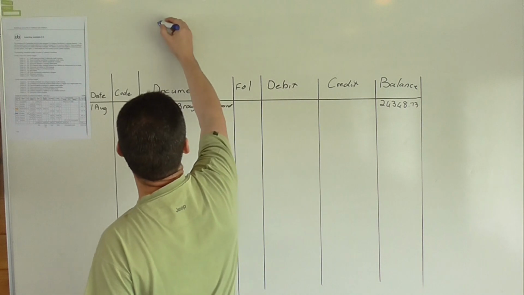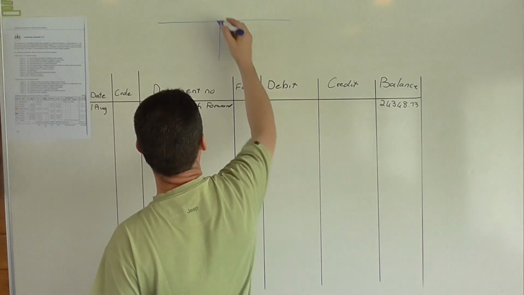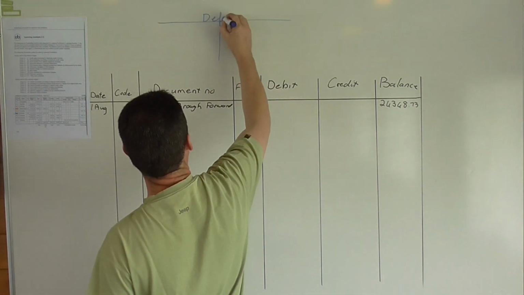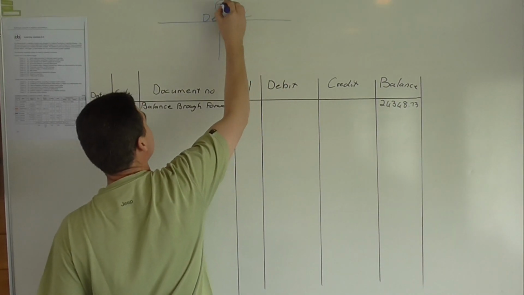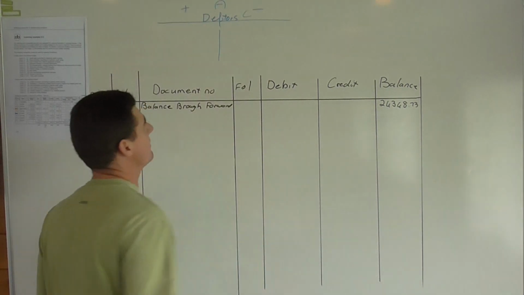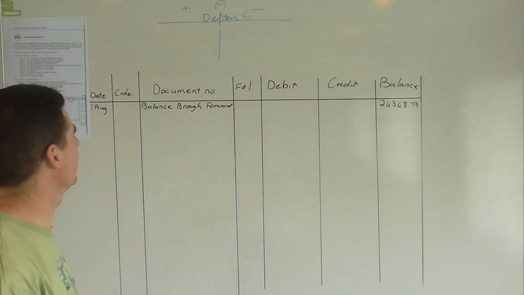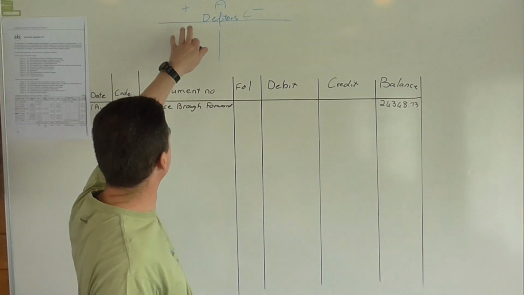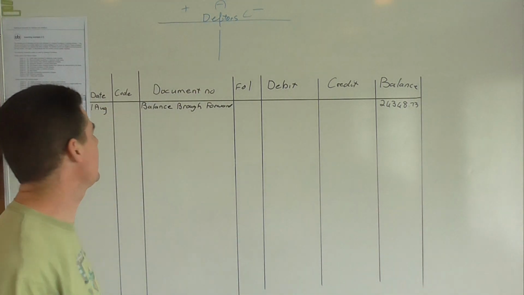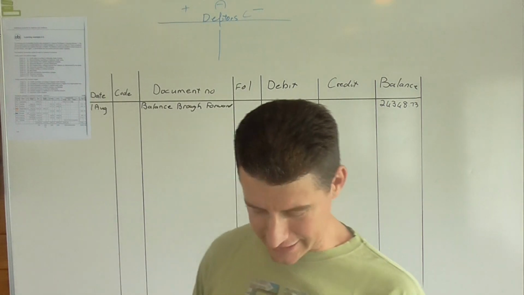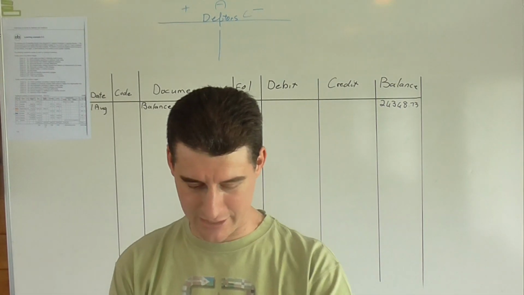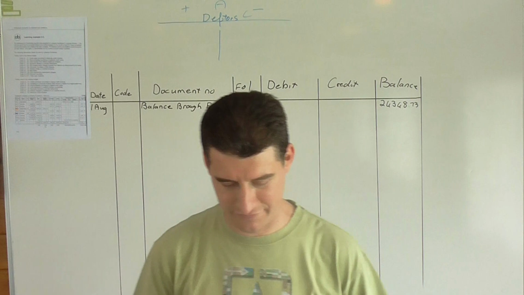So when you do the debtors journal, you need to remember what I showed you previously with the debtors control, which is an asset, plus and minus. Debtors increase on the debit side and decrease on the credit side. So let's have a look at the examples thereof.